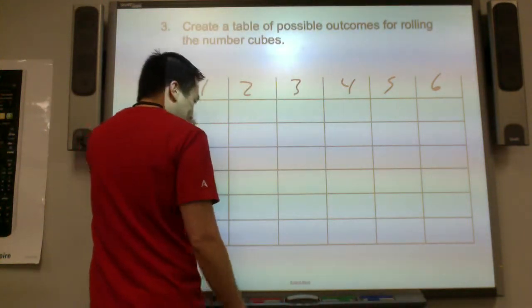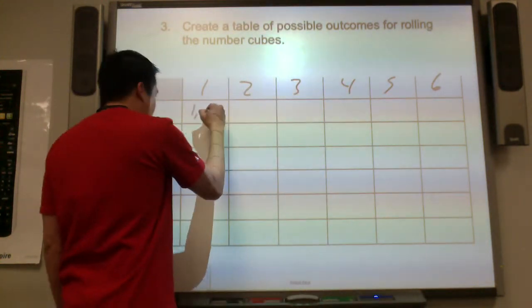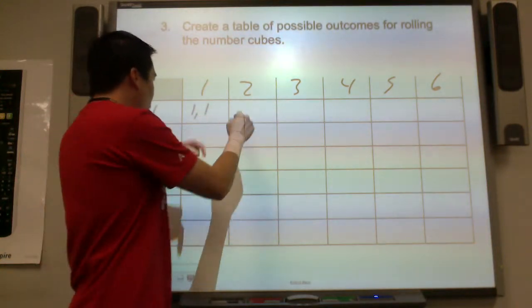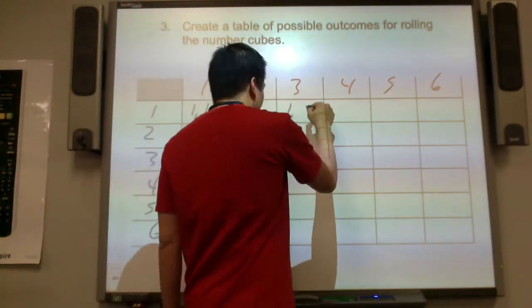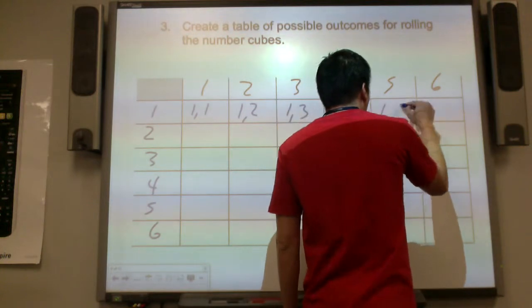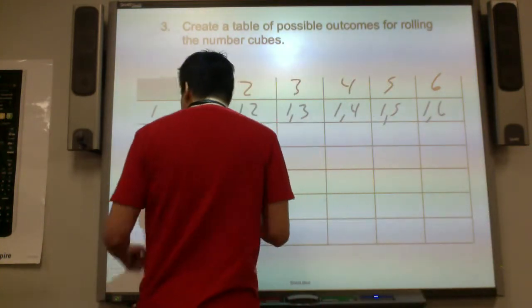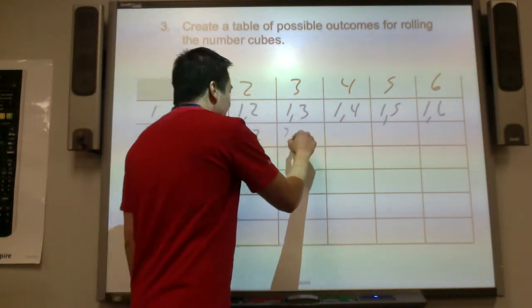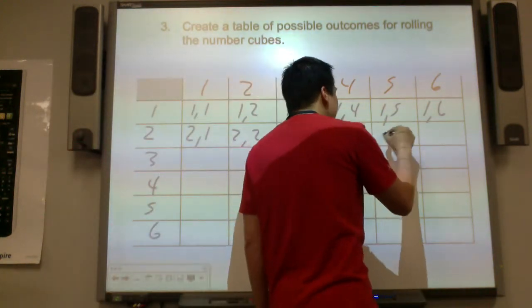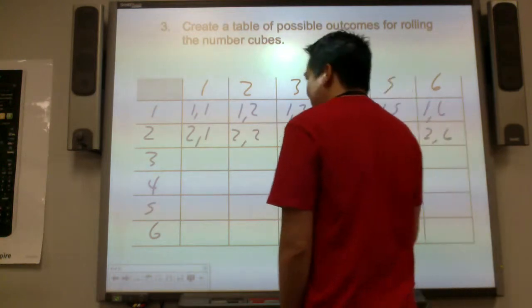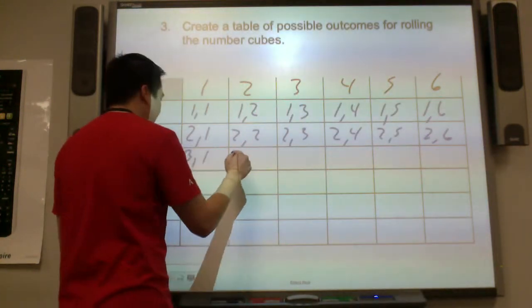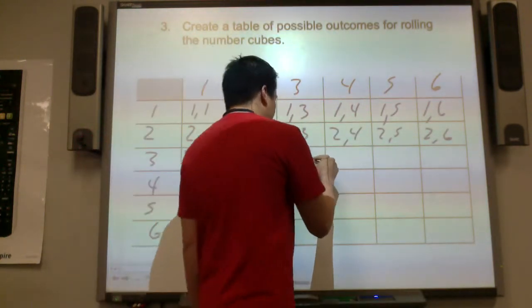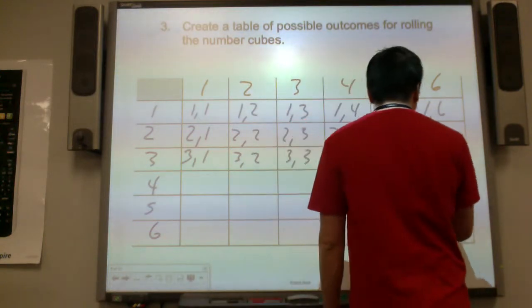If I roll 1 and 1, then 1 and 2, 1 and 3, 1 and 4, 1 and 5, 1 and 6. Then I roll a 2, then a 1. I roll a 2, then a 2. As you can tell, this is an organized list. Instead of me grappling and trying to figure out the numbers, and I will forget some numbers, I'm creating an organized list.